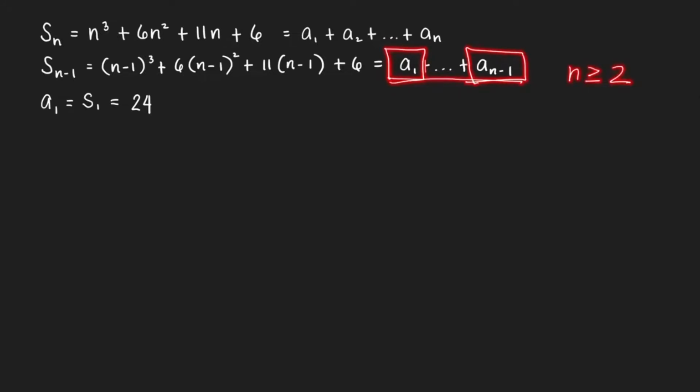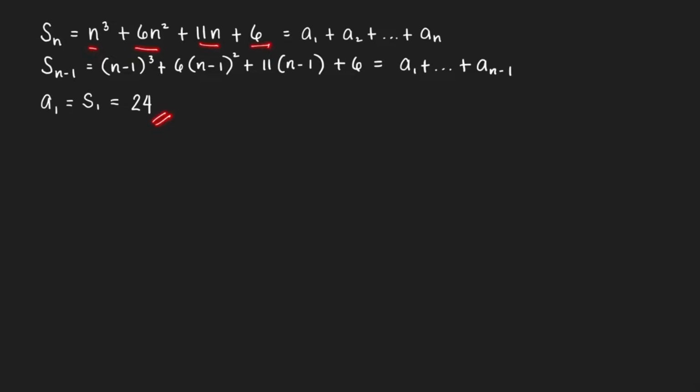So when n is equal to 2, we only get a sub 1. The first term of the sequence is a sub 1, which is of course equal to the sum of the first term. By substituting n equals 1, we get 1 plus 6 plus 11 plus 6, which is equal to 24.